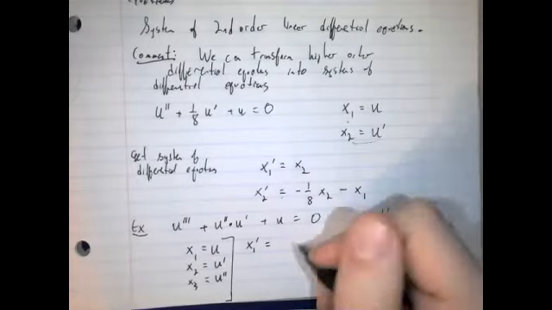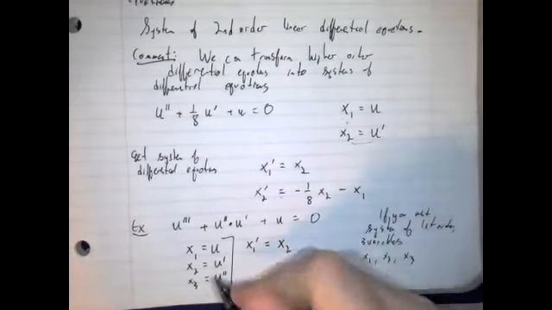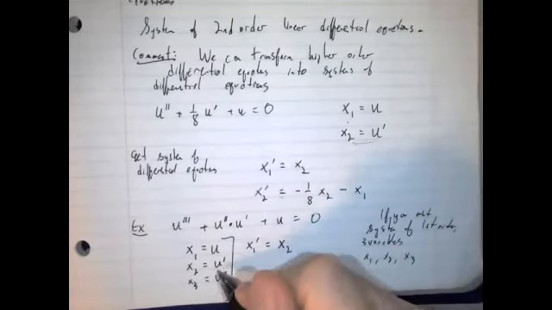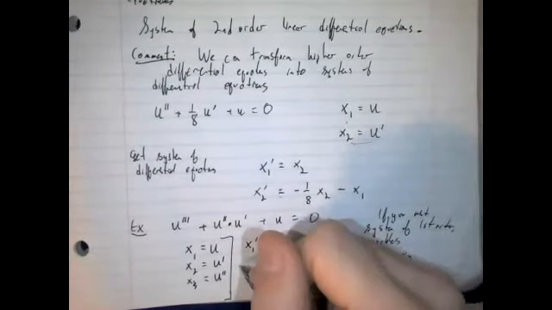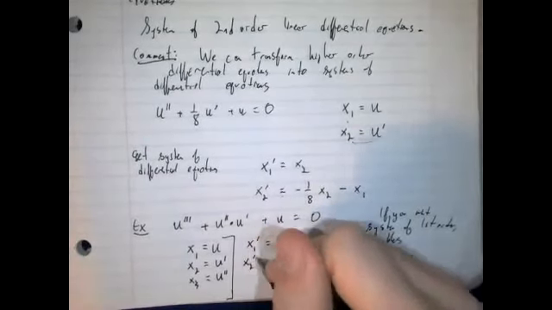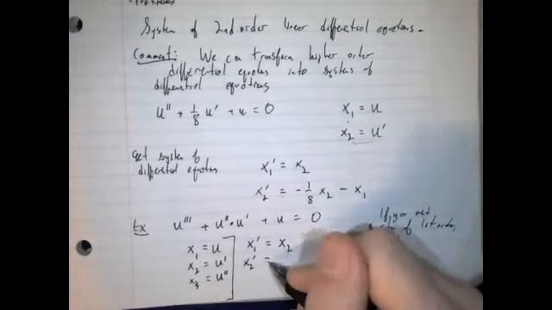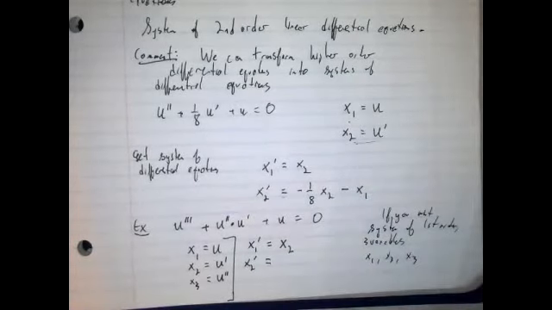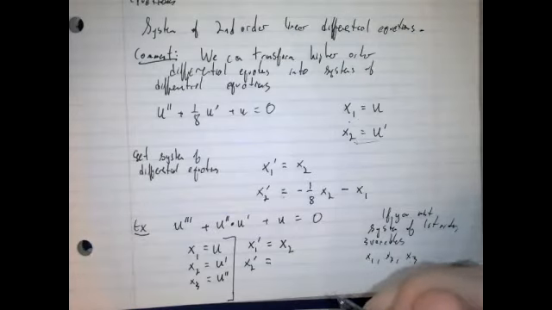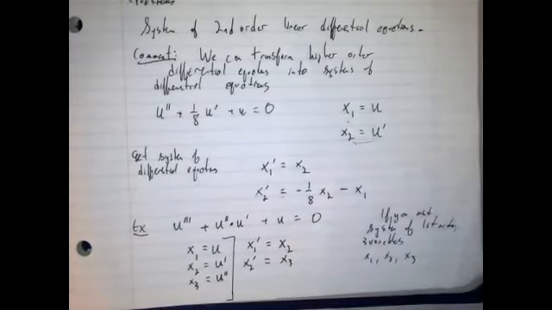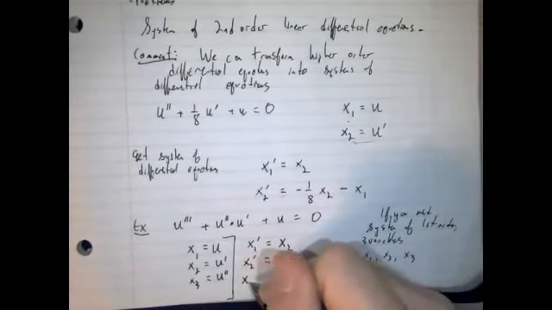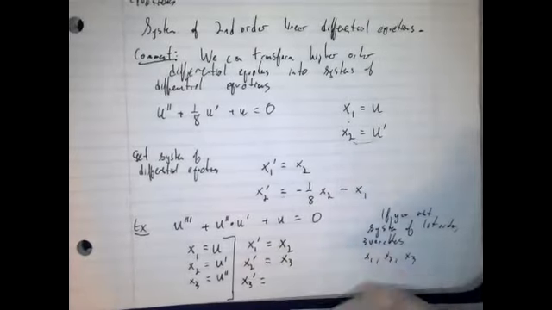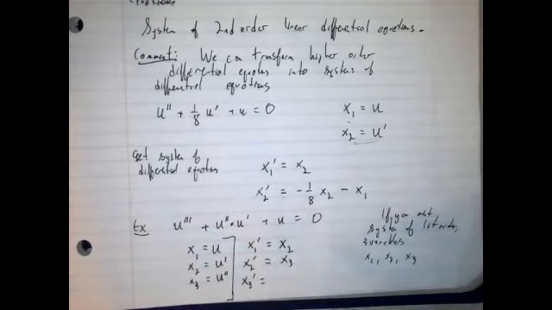X2. Yep, x2, because u prime is equal to x2. X2 prime, the derivative of u prime, is going to be equal to x3. x3, good. And x3 prime is going to be equal to, well, that's the same as u triple prime, and that's going to be equal to what?